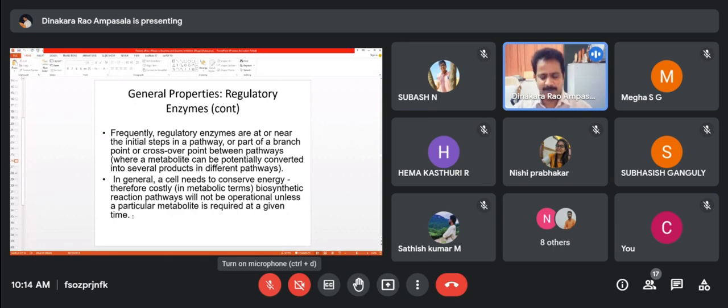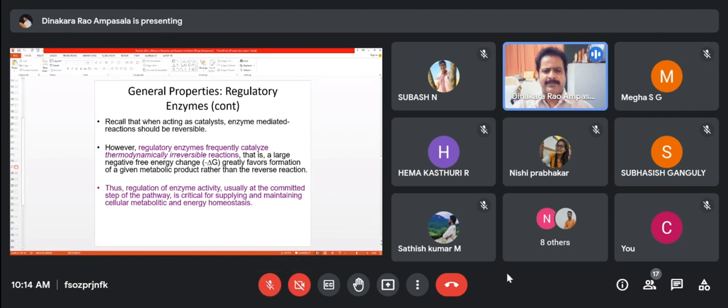So these rate limiting enzymes make a kind of checkpoint, a kind of stop point where the cell protects its energy or saves its energy until it is very much required.